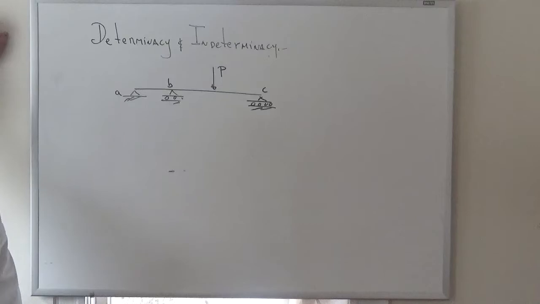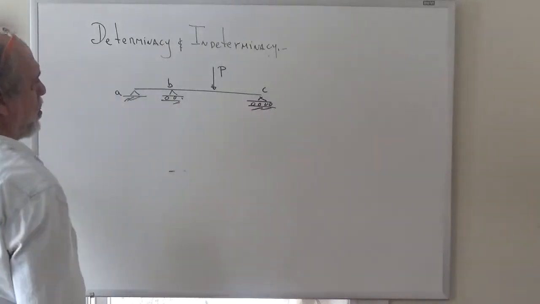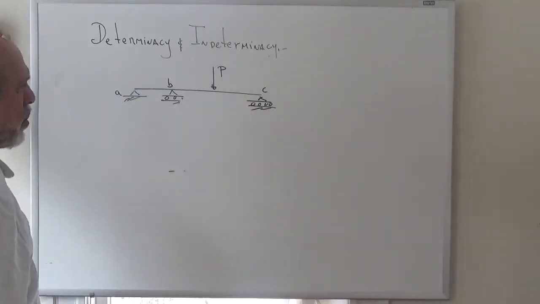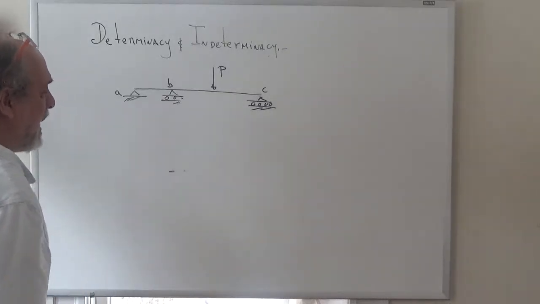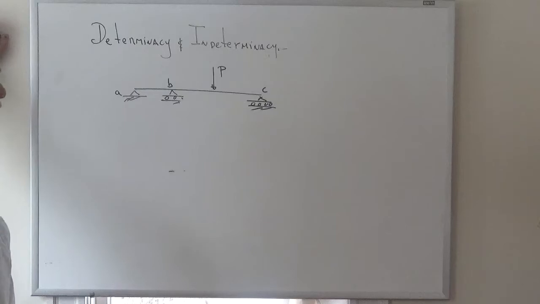So let's say we ask the question, what is the reaction at A? Well, I can see that there's 1, 2, 3, and 4 unknowns, and I only have 3 equations, so I think that the reaction at A is going to be statically indeterminate. That means that statics is just not going to be enough to calculate. I'm going to have to learn something new. But now, why is it that it's not enough?